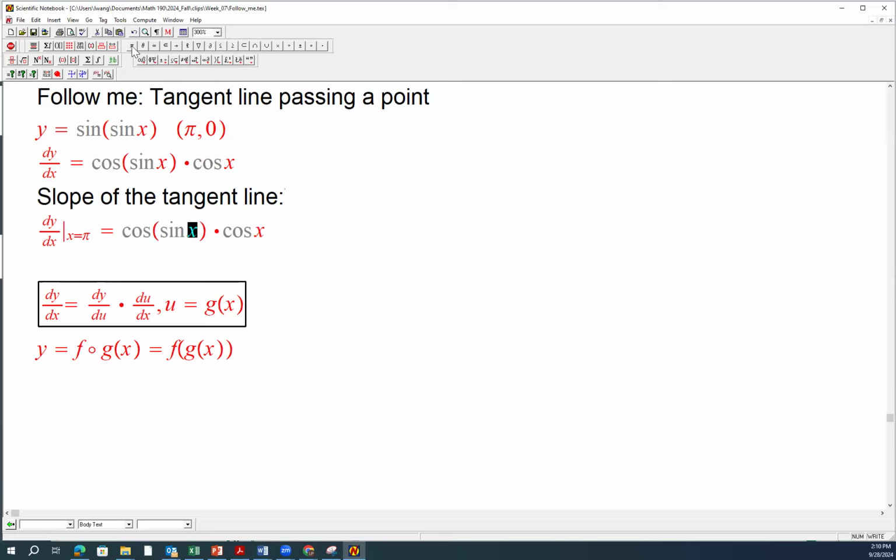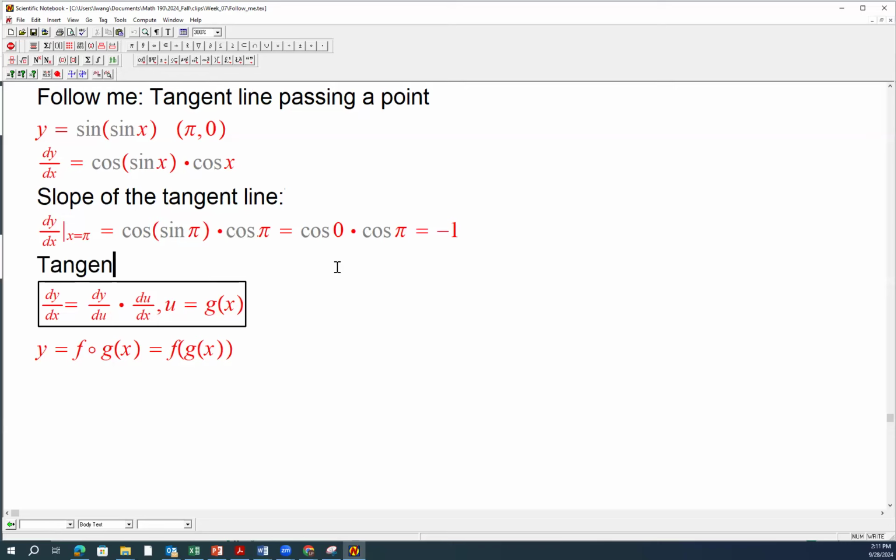So this is pi, and that's going to be pi. Sine pi is 0. So cosine 0 is 1. Okay? Sine pi is 0. So cosine 0 multiplied by cosine pi. Cosine pi is -1. So the product is -1.